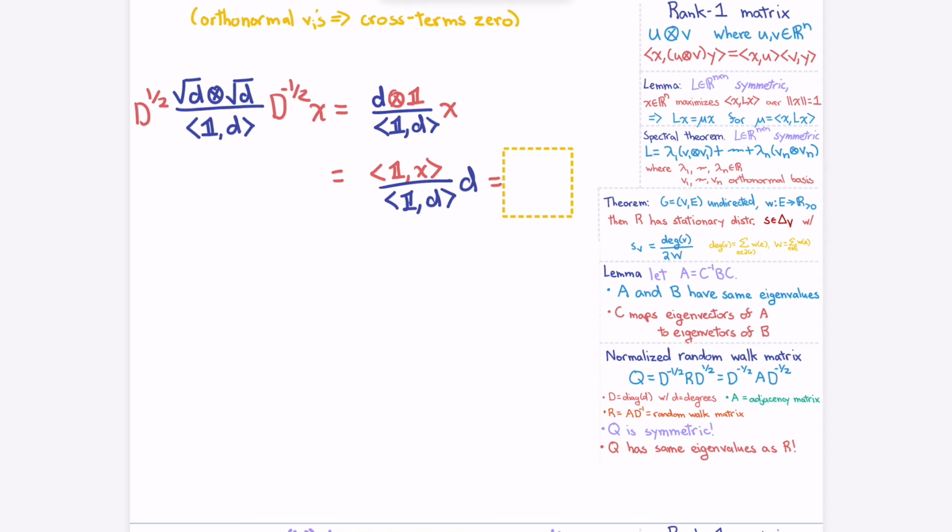It all sums to 1. And then what is this? It's the stationary distribution. Oh, that's cool. That's nice.